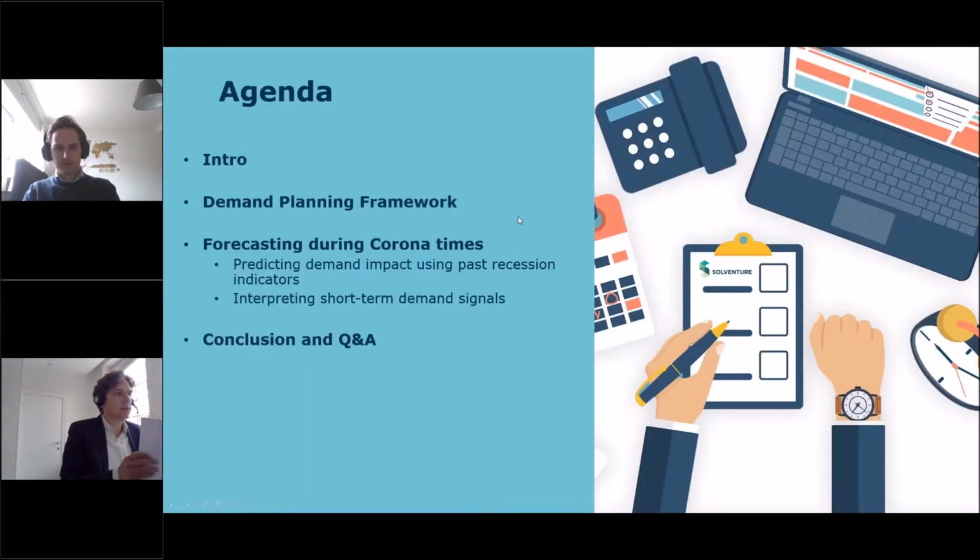Short agenda. I will give a small introduction in general on what we see is the impact of Corona on the S&OP process and our S&OP framework. And then Lorenz will take over. He will introduce our demand planning framework, which is our general framework we use also in normal times.